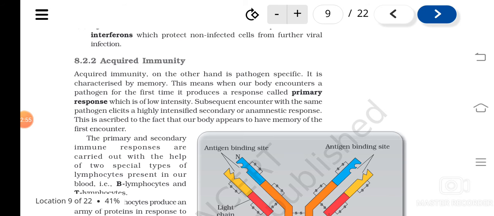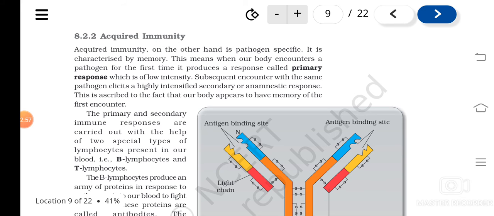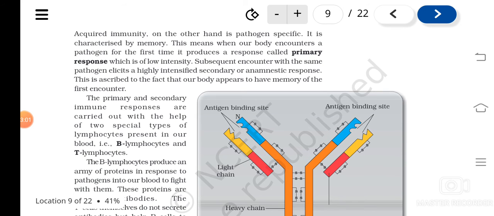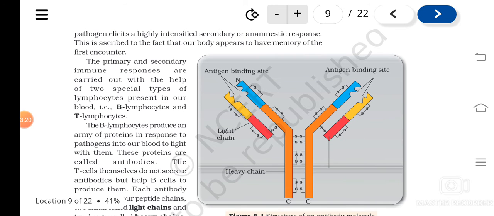So the response of the body towards any pathogen for the first time is called primary response. And the next time when the body encounters the same type of pathogen, the body shows a secondary or anamnestic response, isn't it?